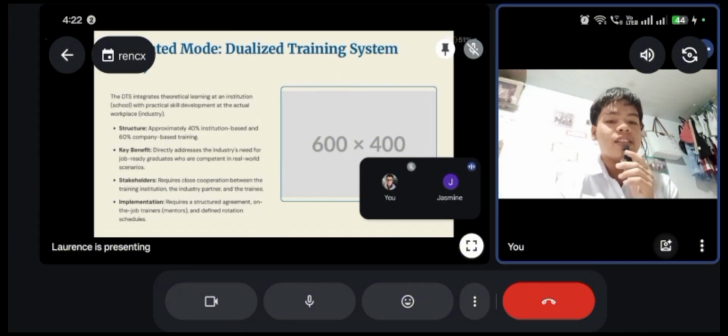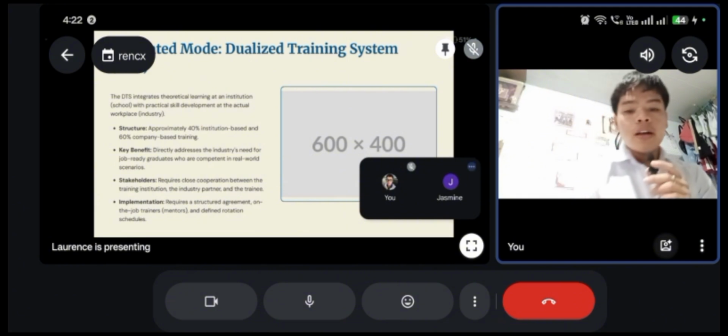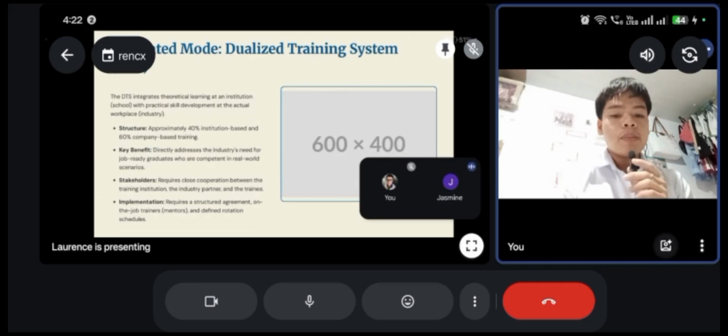Dedicated mode: Dualized Training System or DTS. The DTS integrates theoretical learning at an institution, the school, with practical skill development at the actual workplace, the industry. Structure: approximately 40% institution-based and 60% company-based training.